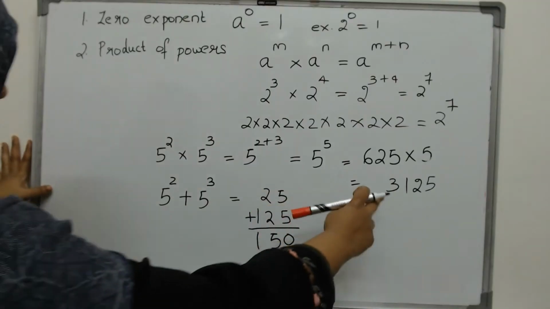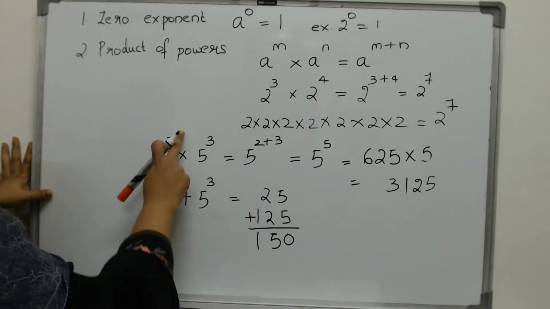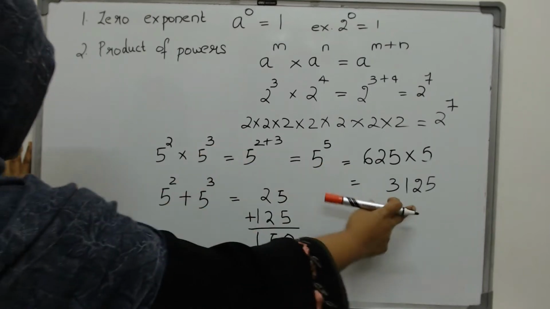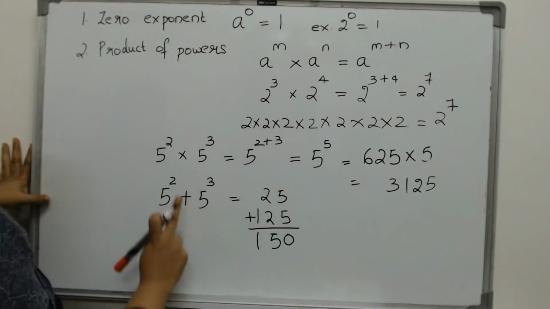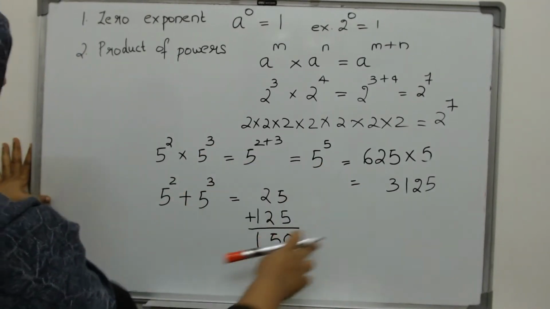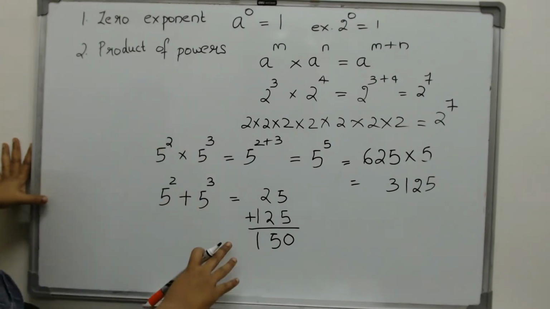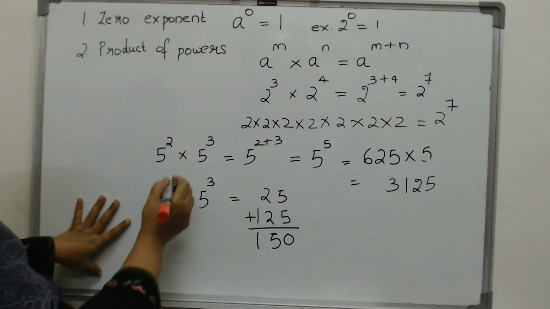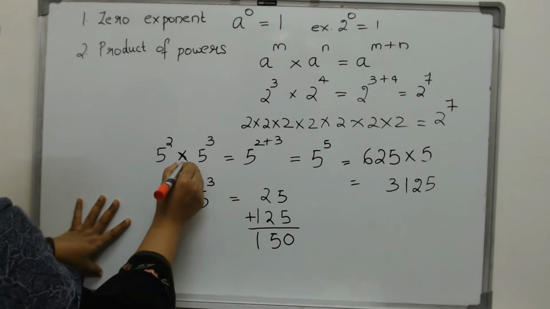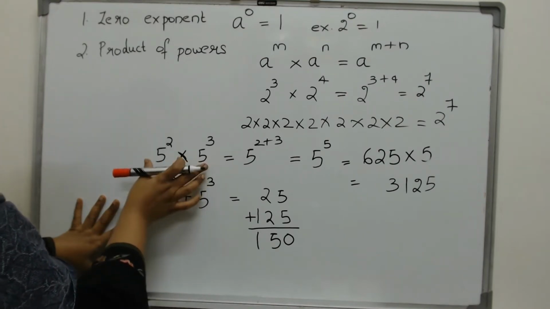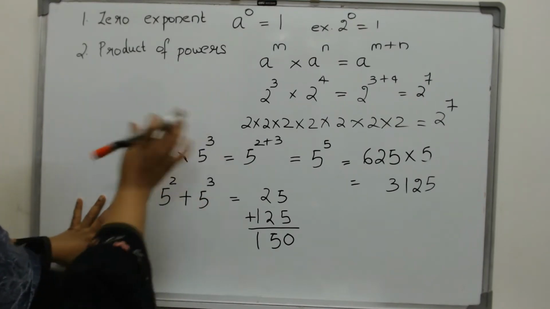So as you can see, 5 square into 5 cube is a different answer, and 5 square plus 5 cube gives a different answer. These are two different things. So please don't get confused with this. This talks about the product of two numbers which have the same base but different exponents.